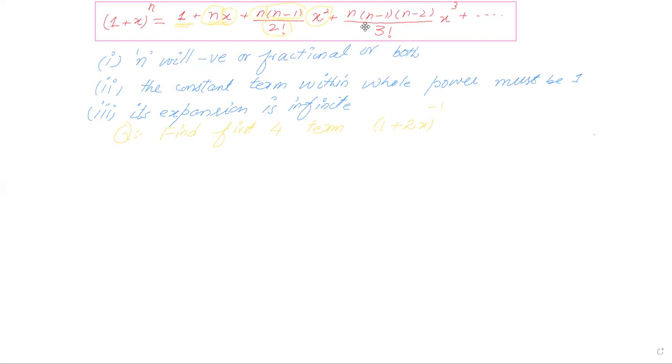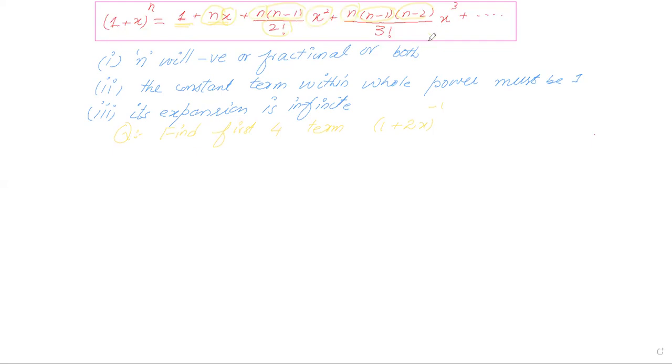Then the third term will be n as it is. N means the whole power as it is. Multiply by n minus 1. You have to subtract 1 from the power. Then you have to subtract 1 from the previous term. N minus 1, then minus 1 becomes minus 2. How many factors in the numerator? There are 3 factors, divided by 3 factorial.